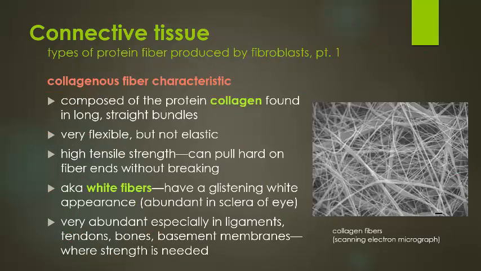Okay, so let's talk now about the protein fibers, and this is by talking about the three types of protein fibers found in connective tissues. The first kind is called a collagenous fiber. These collagenous fibers are composed of a protein called collagen, and the collagen is held in long, straight bundles.